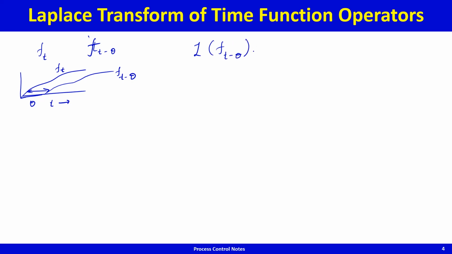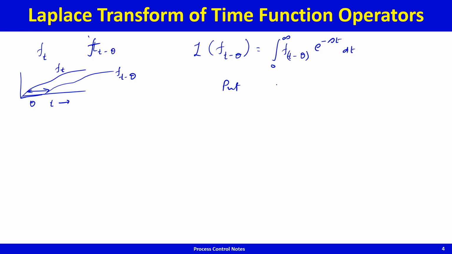Now we want to find out the Laplace transform of a function that has been delayed by theta time units. So that's going to be equal to integral of f of t minus theta e to the power minus s t dt, integral 0 to infinity.